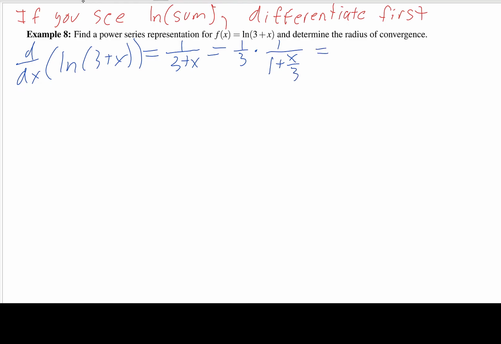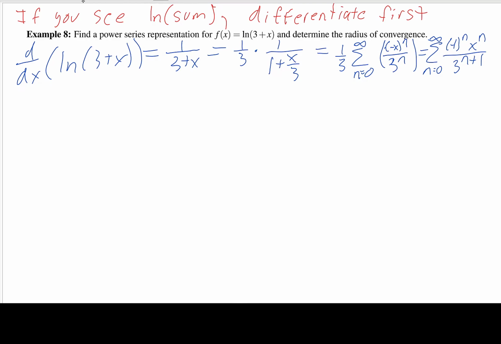And so this is going to be equal to 1/3 times the sum from n equals 0 to infinity of, remember our r right here is going to be negative x over 3. So this is going to be negative x to the n over 3 to the n. So this will be the sum from n equals 0 to infinity of negative 1 to the n times x to the n over 3 to the n plus 1.